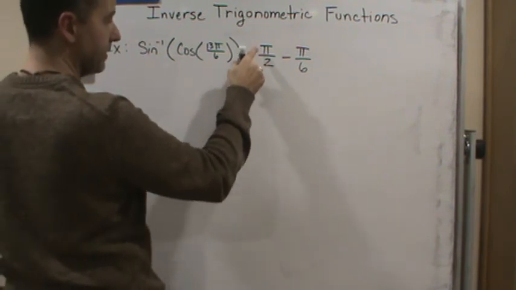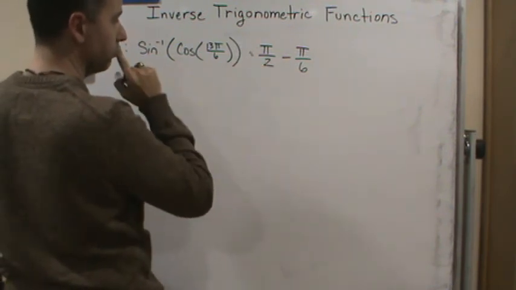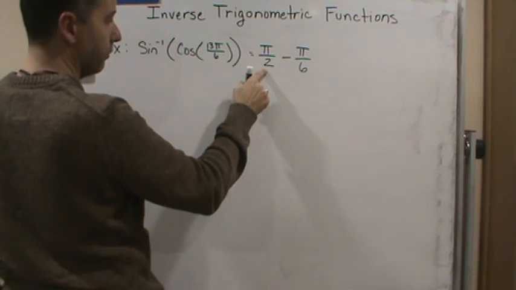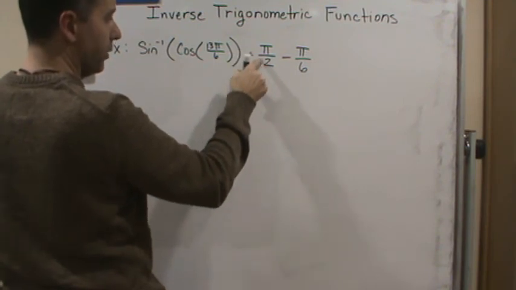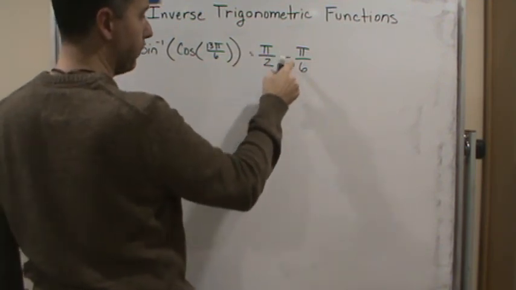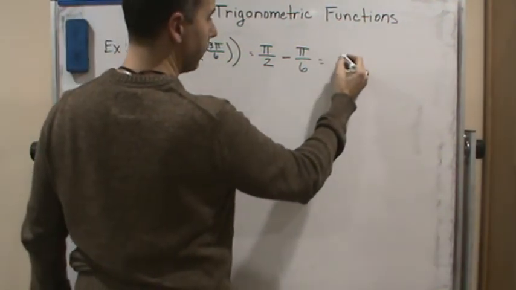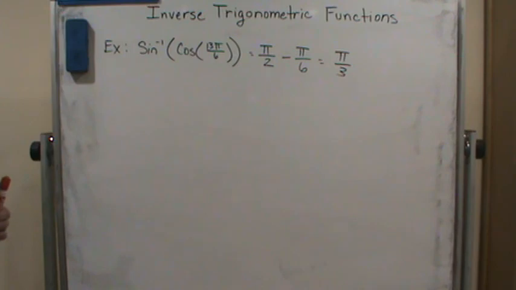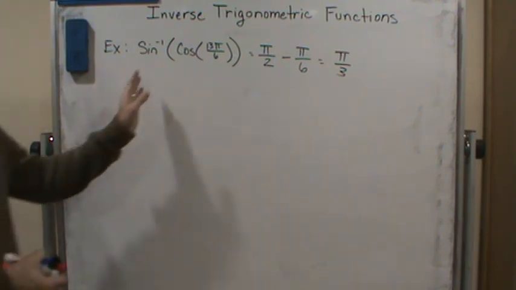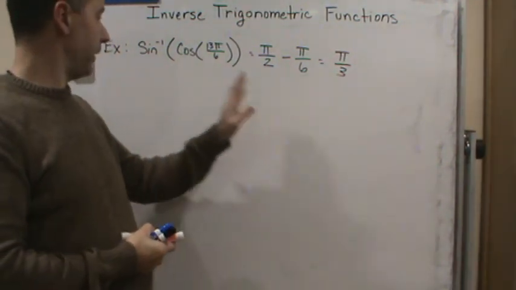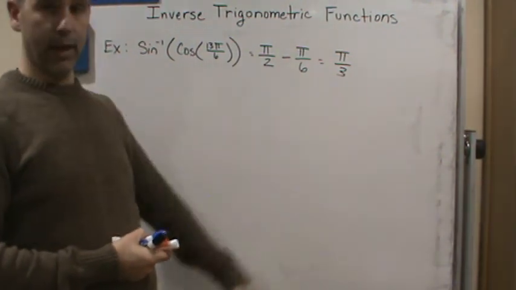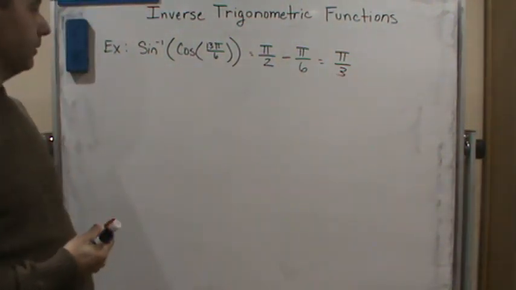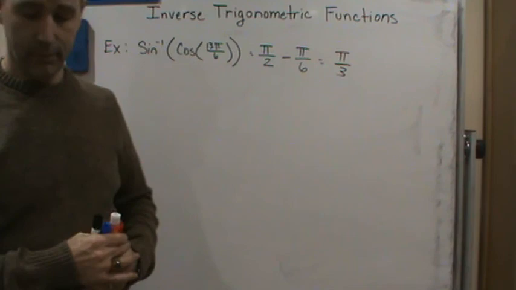This is going to give me 3 pi over 6 minus pi over 6, which gives me 2 pi over 6, or pi over 3, which is exactly what we had before. So as long as you know what you're doing, this will give you the answer right away. Okay? Have a great day.